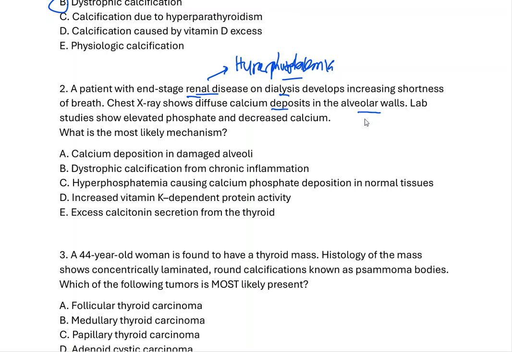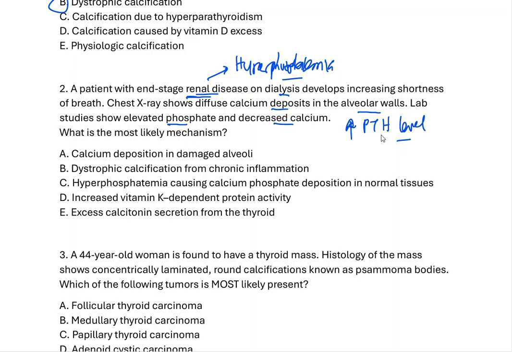So a patient who has end-stage renal disease, elevated phosphates, and decreased calcium level. Can somebody remind us what's going to be the parathyroid hormone level? Very good. So there's going to be an increase in parathyroid hormone level. So this is going to be a form of secondary hyperparathyroidism.